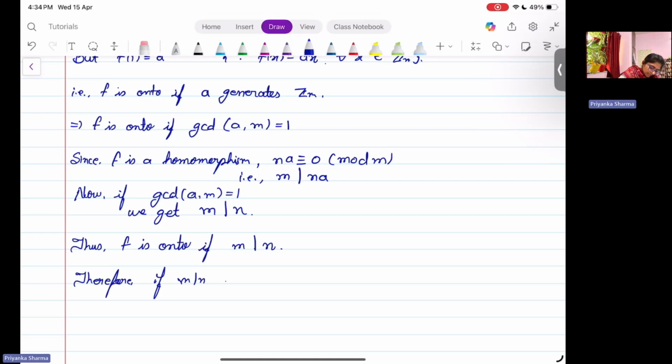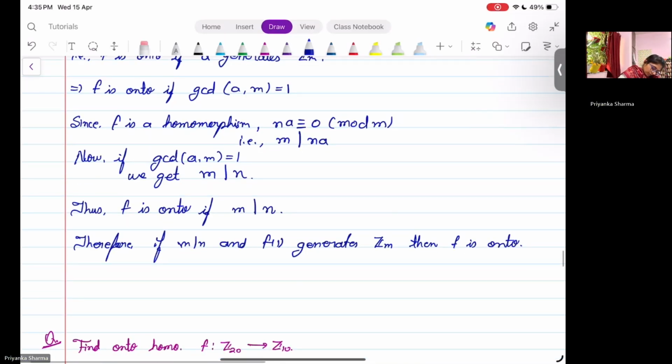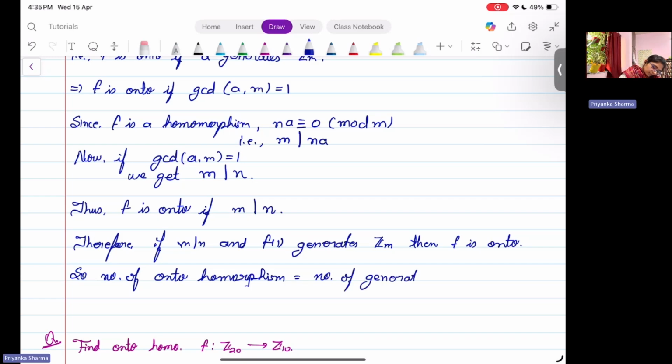If m divides n and f of 1 generates Zm, then f is onto. So the number of onto homomorphisms is the number of generators of Zm.